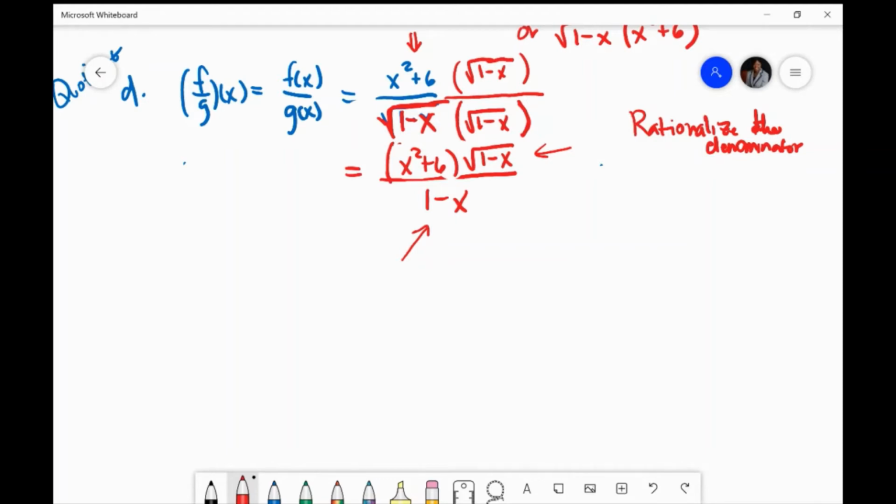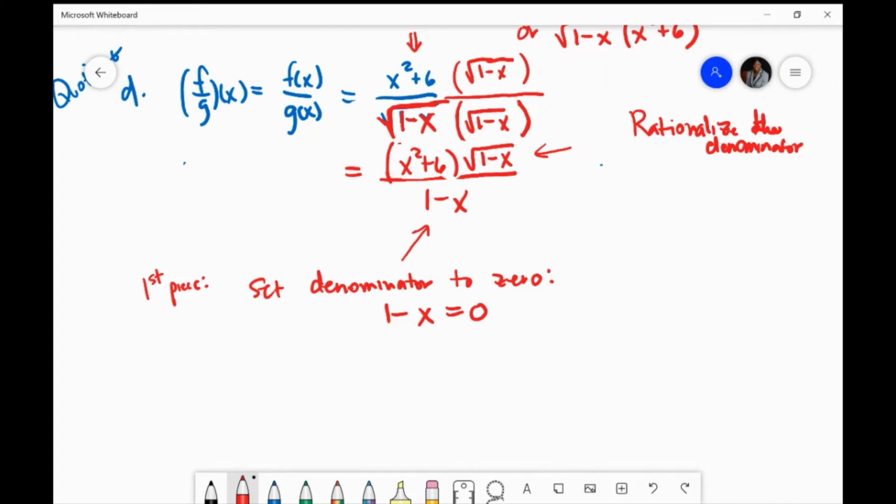All right, we don't want the denominator equal to 0, so set the denominator to 0. 1 minus x equals 0. Let's solve for x first. This is one part of it, the first piece. How would you solve for x here? Get it by itself.